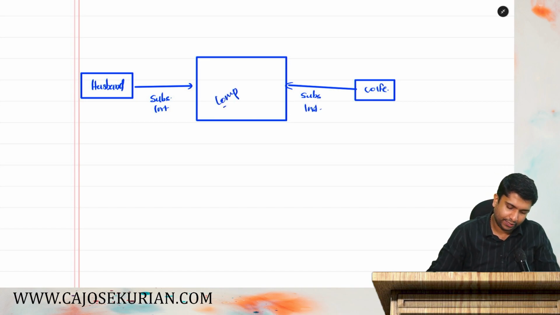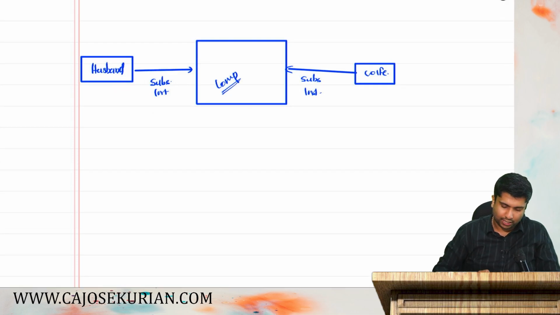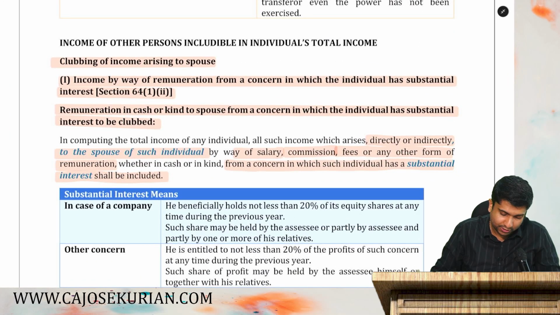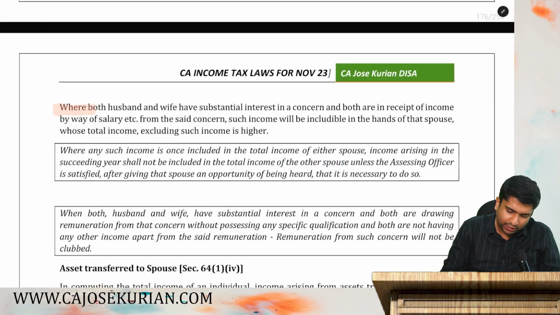Then how are the clubbing provisions applied? Listen, where both husband and wife have substantial interest in a concern, and both are in receipt of income by way of salary, etc. from the said concern, such income will be includable in the hands of that spouse whose total income, excluding such income, is higher.